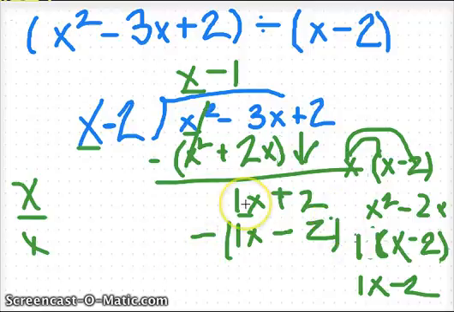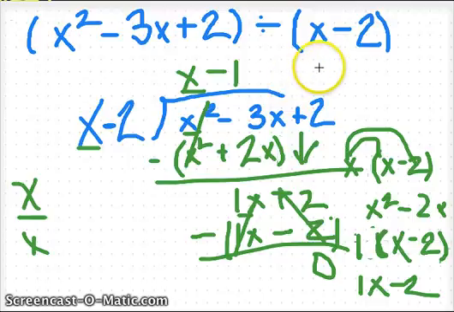So it's going to be 1x minus 1x, so it's going to take it out, and plus 2 minus 2, and our remainder is going to be 0. So the solution to this is going to be x minus 1.